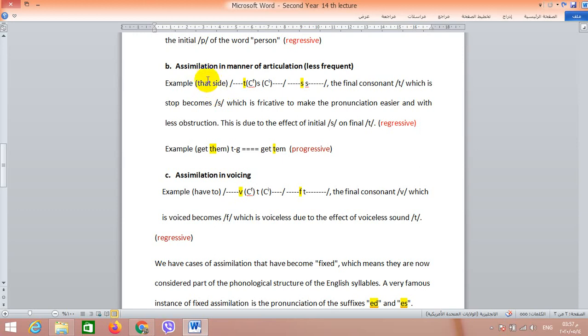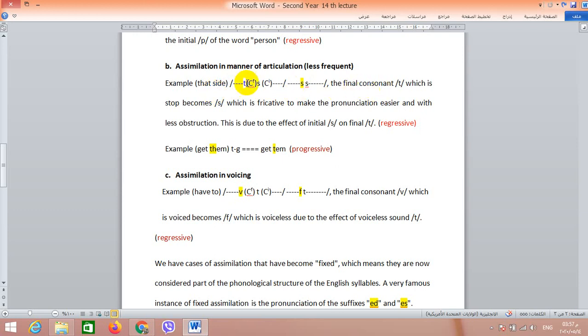Normally, people don't like having more consonants with high obstruction, just like stops, and the change is always to consonants with less obstruction, just like fricatives here. So we have the t sound, which is the final consonant of the word that. It is changed into s because of the following s, which is the first consonant of the word side, and the pronunciation becomes "that side." There is no t. It becomes s.